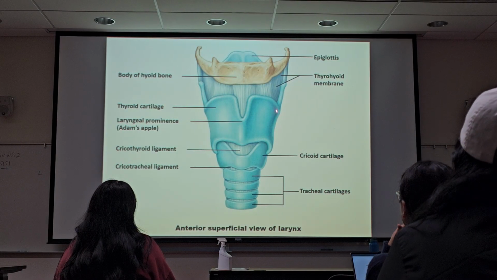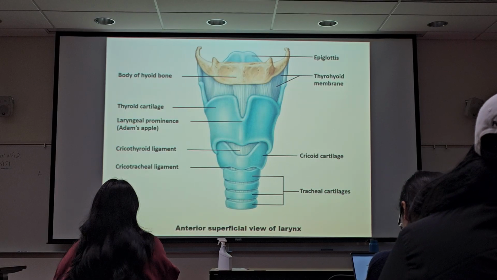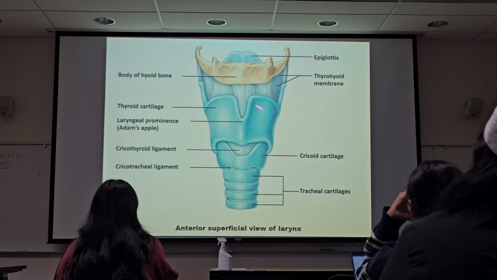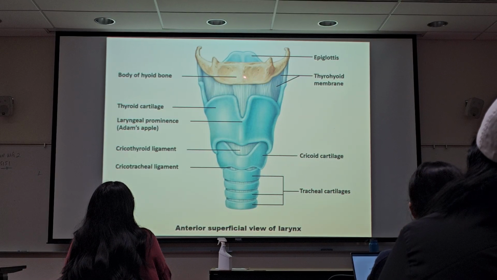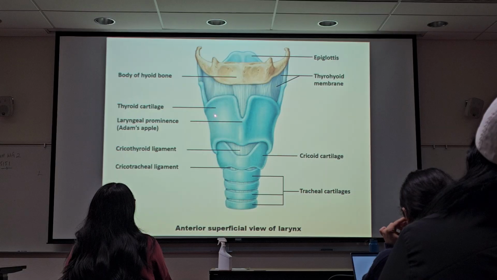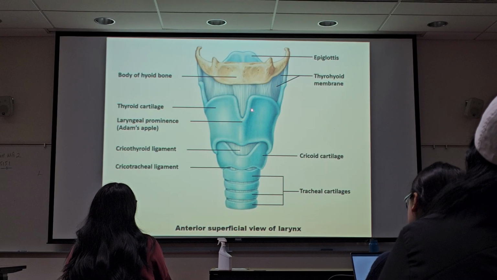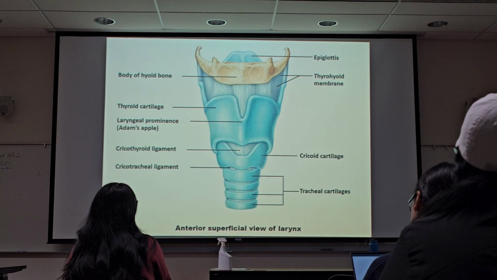Okay, so here we are. Here's the larynx. It's attached to the hyoid bone. We have the thyroid cartilage, and at the thyroid cartilage, we have the laryngeal prominence. And then we have some other cartilages, the cricoid cartilage. We're going to see from the back view some more cartilages.